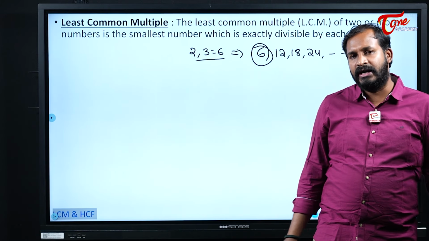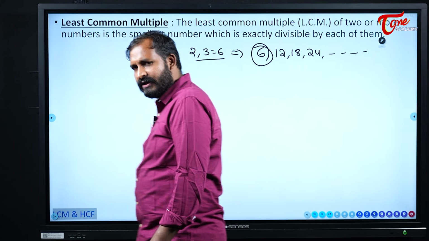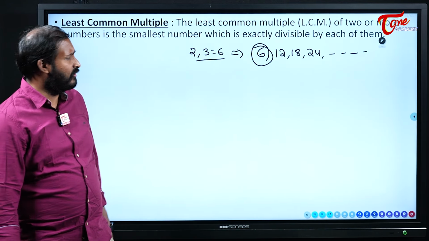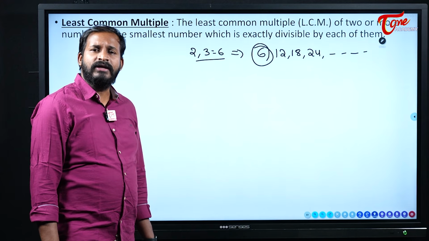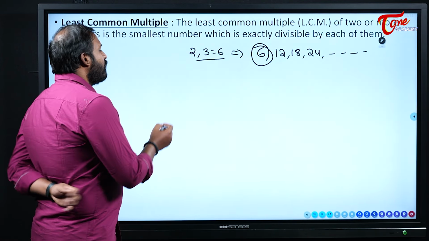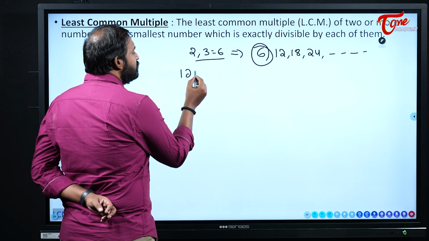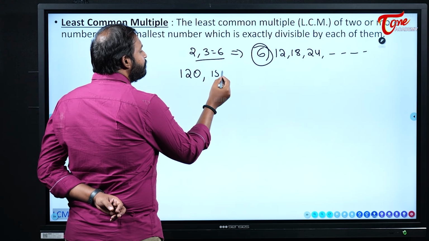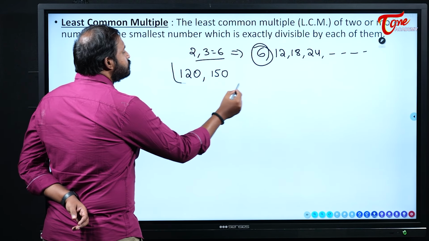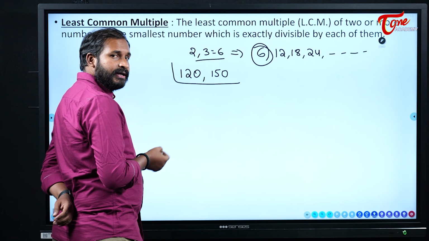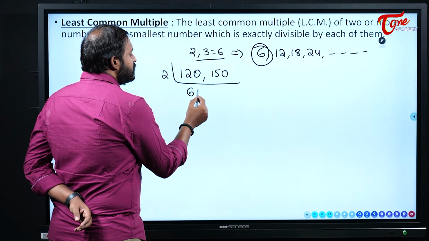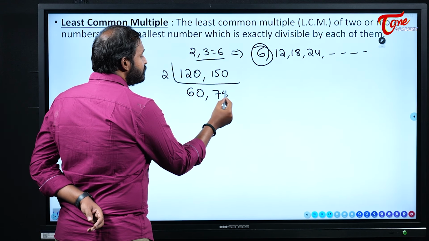So, in general, we will write in this manner. But if the numbers are very huge, usually we cannot write all these multiples and cross check them. For that, we will take the help of prime numbers. For example, if I want to find the LCM of 2 numbers, 120 and 150, what I will do is the division method. 2 60s, 2 75s.